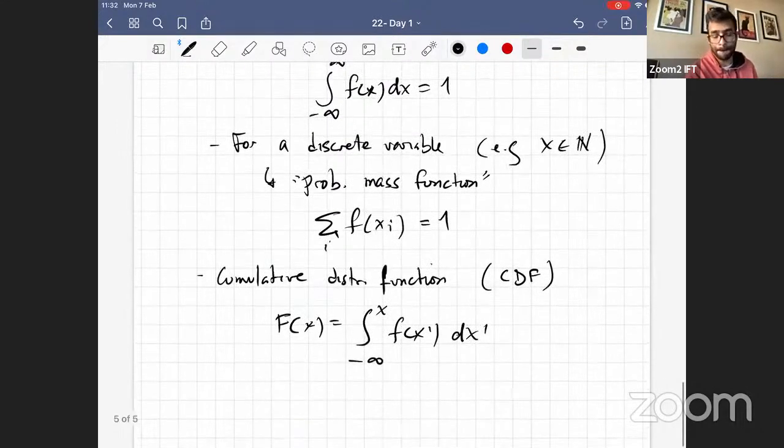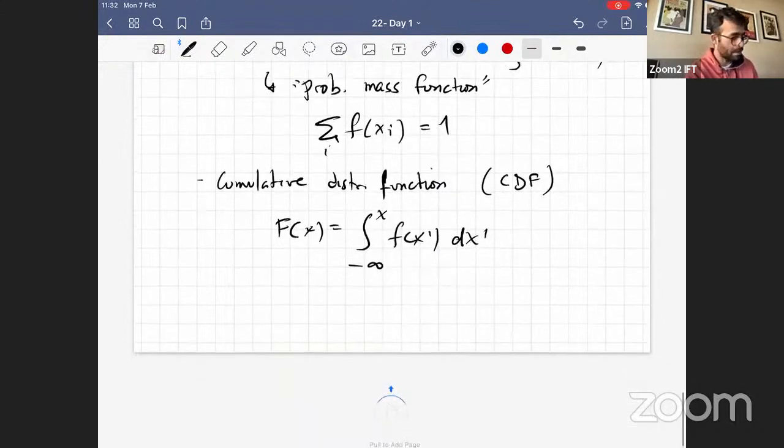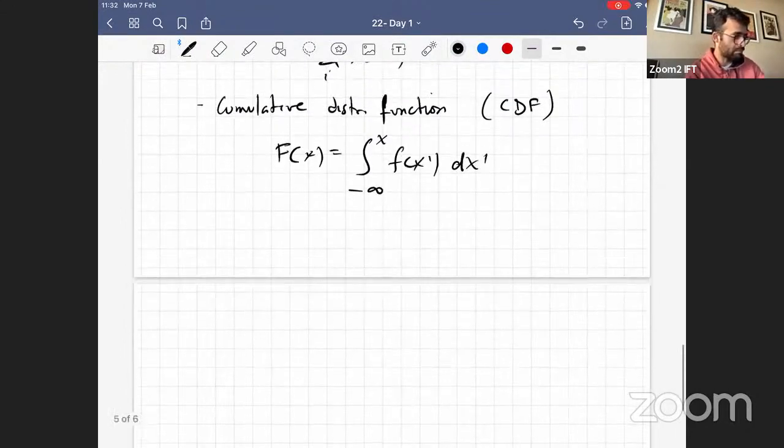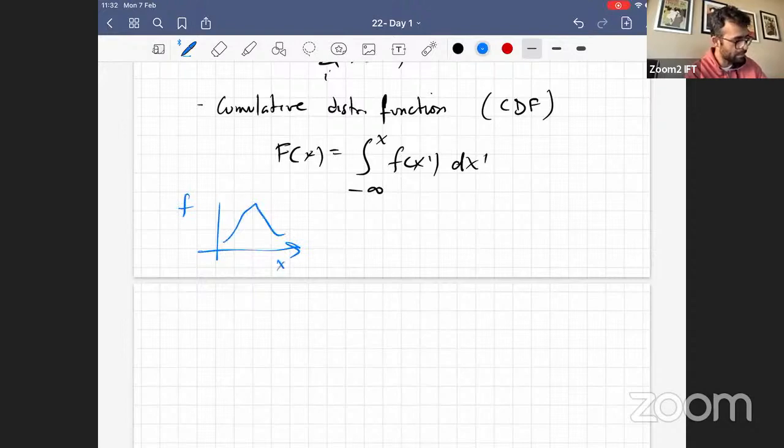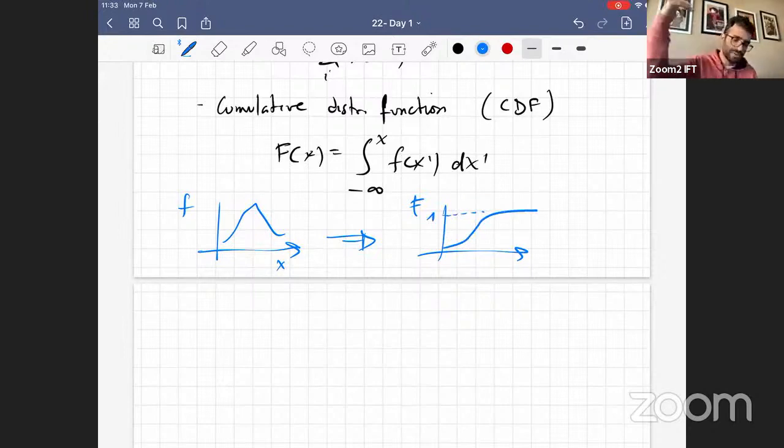Okay. And what is this? It is just the probability for the variable to take a value less than x. So typically, if f is something like that, then when you compute the cumulative, it is typically something like that, where this is 1. You are just integrating, and then you accumulate the values, right?